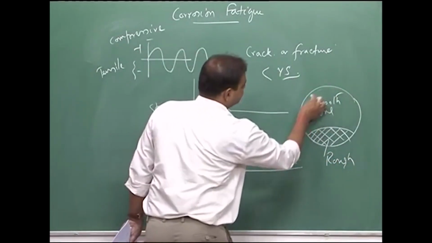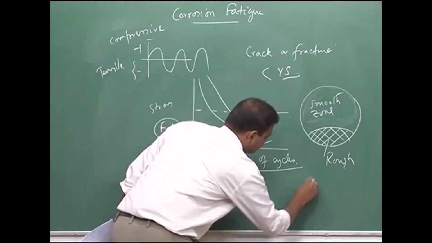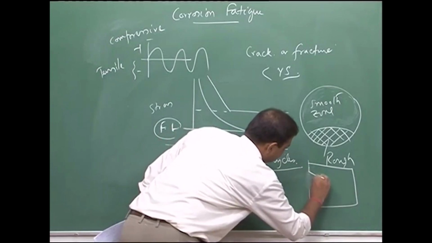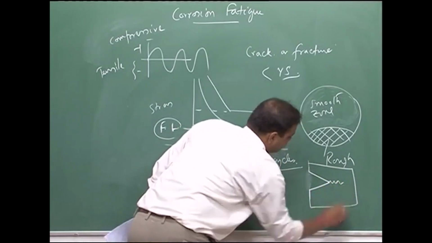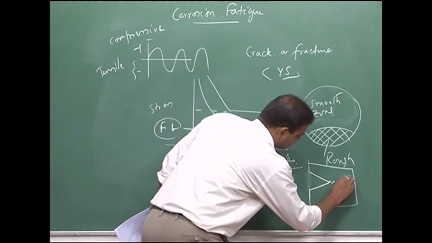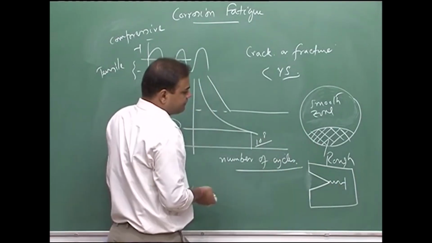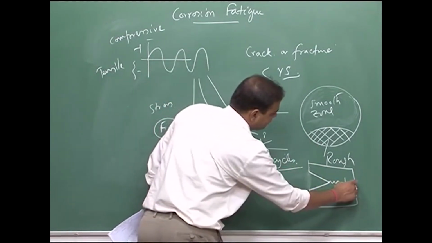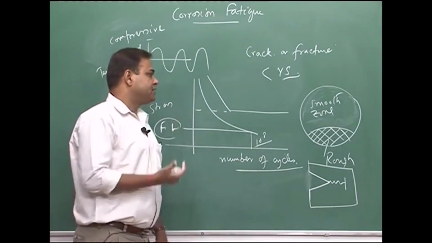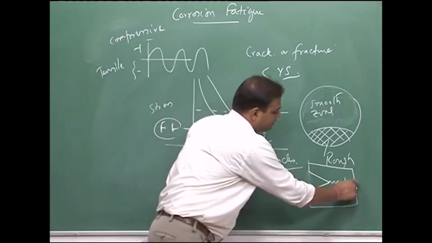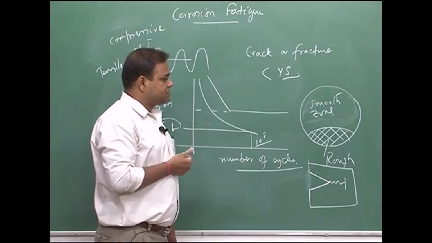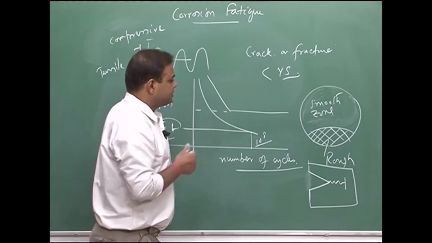If this crack is growing via fatigue mode, then up to a certain limit the fatigue crack can propagate, and after that you have a small ligament which fails due to the mechanical effect. That means in this small ligament you have a stress which is more than the ultimate stress which can be withstood by the material.